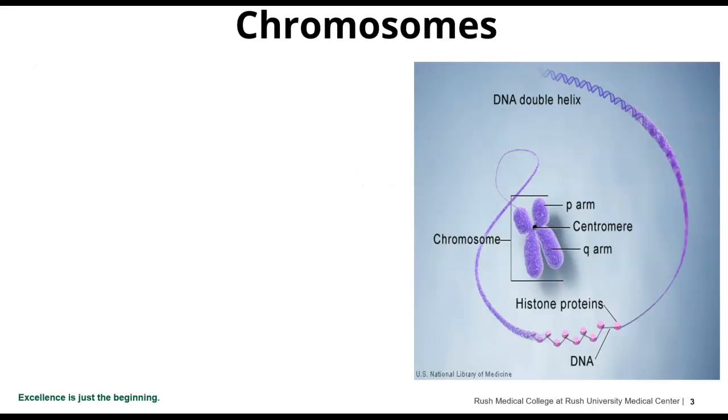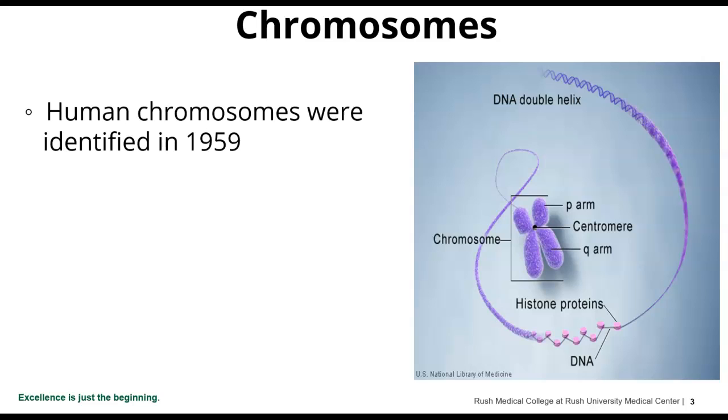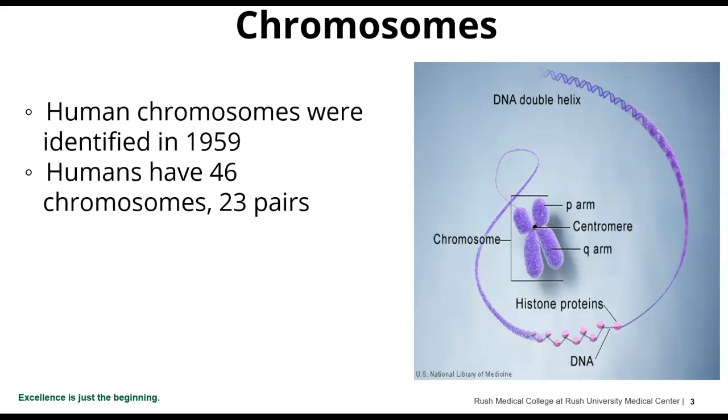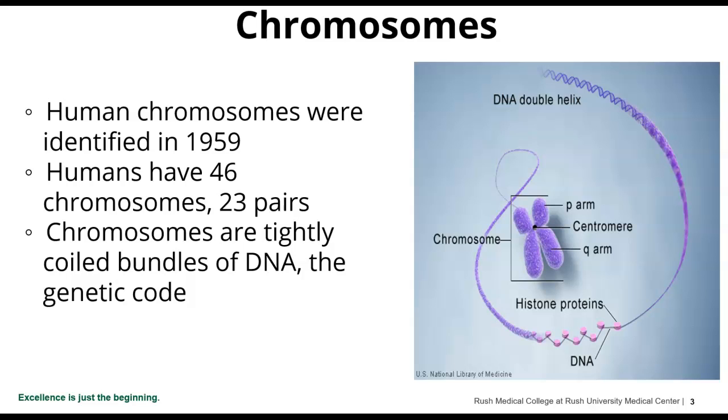So here's a chromosome, and really, as I've said before, it's a scaffold, and we've always had chromosomes, but we were able to start looking at them under the microscope in about 1959. We have 46 chromosomes, 2 of each pair, and they're tightly wound.